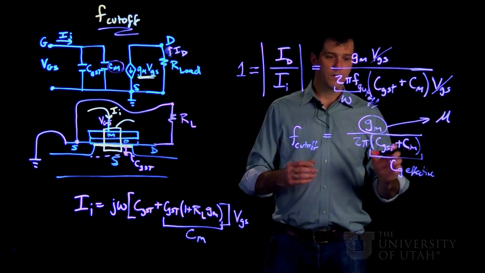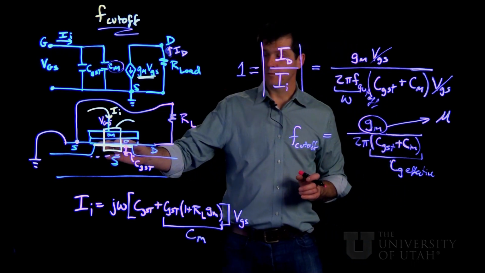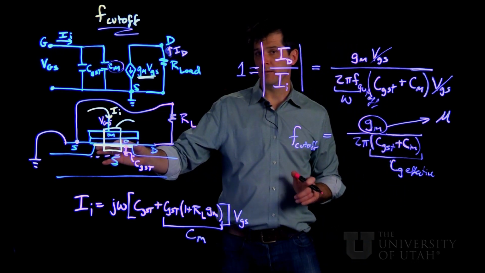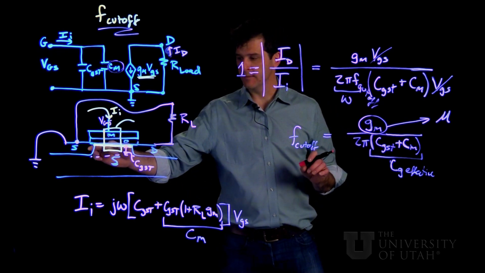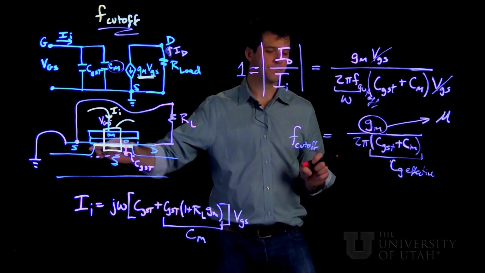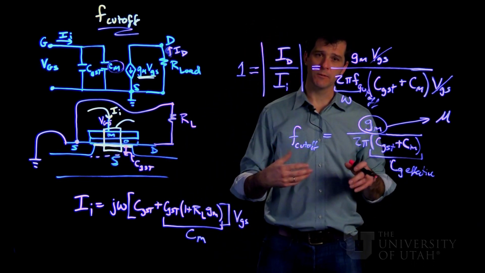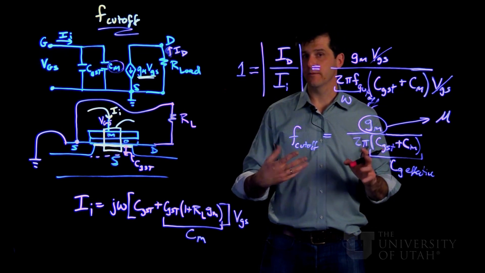So the mobility in the channel has to do with the scattering of carriers inside this channel. However, it's distinct from the actual transit time, the physical time that it takes an electron to go from one side to the other. So really it has to do with how much current flows, which has to do with the carrier number more than it does their speed.